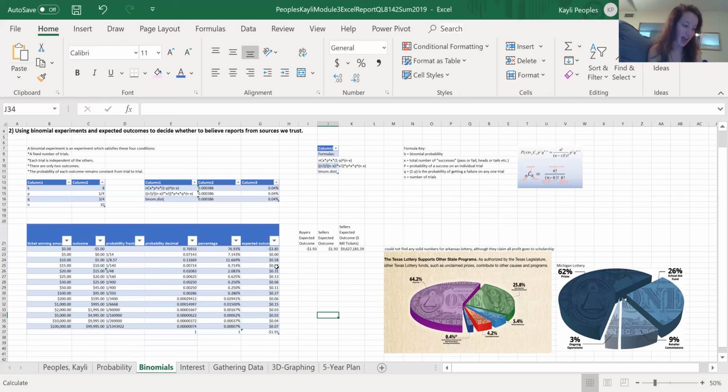And it's important to understand expected outcomes to make informed decisions, because if you don't know, you can make a really bad decision because you're underinformed. Like the student could have easily been like, oh, you got an 80 and you just guessed.